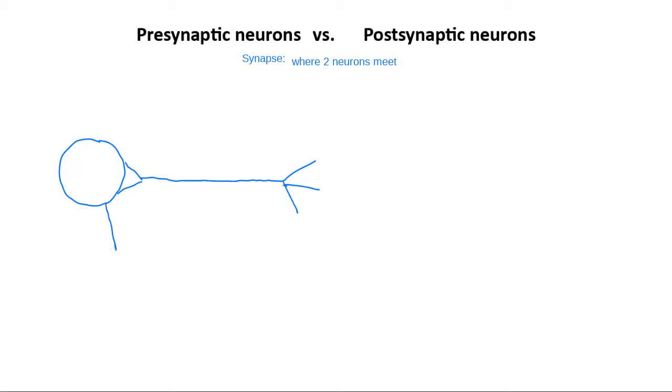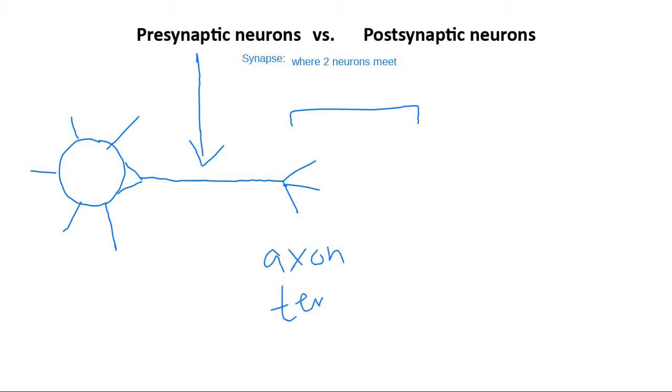We should not forget our little friends, the dendrites, right? Here's my little dendrites. This is my presynaptic neuron. He's the one that's going to bring the message to the synapse. Now the synapse is only half drawn right here. I've only got half of my synapse because I just have axon terminals over here.